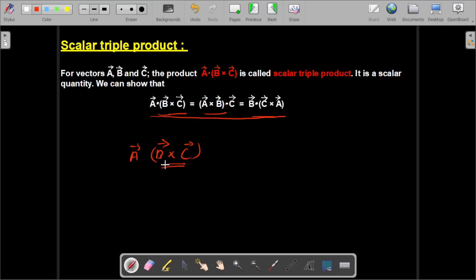So the result of this product will be a vector. Suppose this is the P vector. Then with that P vector, the result of this B cross C, we take the dot product. Ultimately you get A dot P. The value of this product will be a scalar quantity, right?